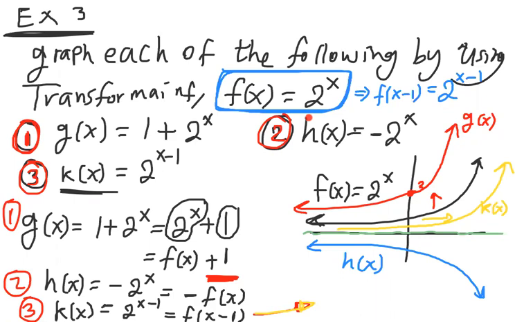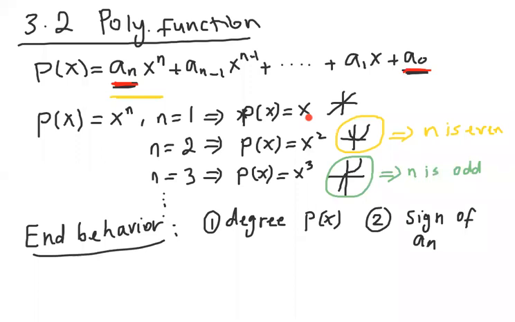Okay, so let's go to the next section, if no one has a question. So the new one is 4.3. We skip 4.2.